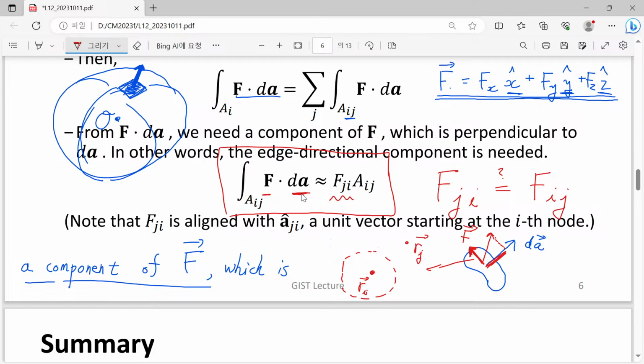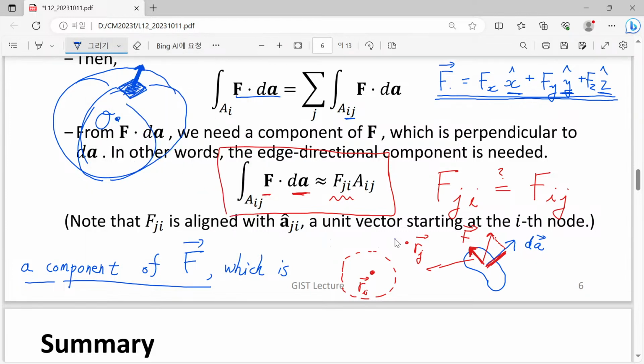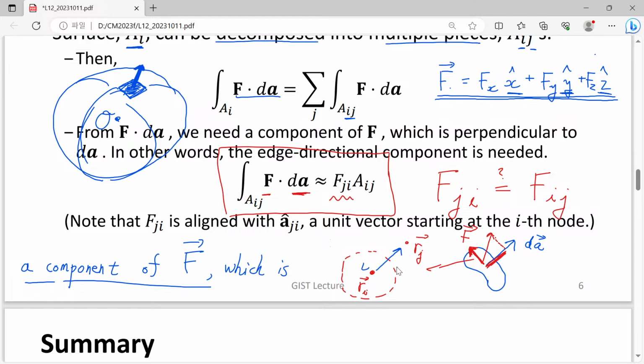And the direction of dA is not connecting these 2 points from J to I. No, it's not for our dA. Our dA is always defined as escaping from the box. So this is the right direction for our dA.